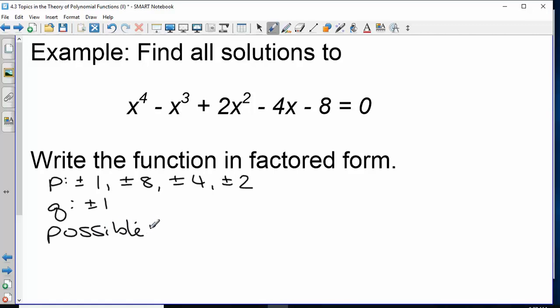If that happens, do we still have to write everything out? If you want, your possible P over Q is just going to give you all the same P values. If you just want to draw an arrow to your P values, that's fine.